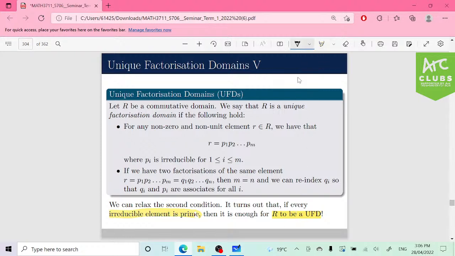And this should make sense, because when we take an irreducible element, the only way for us to maintain a unique factorization is if the irreducible element is indeed prime. So if we have that result, then we also obtain unique factorization.